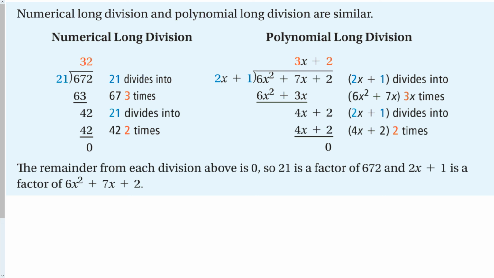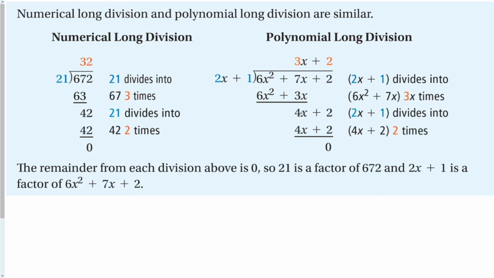Now look at the steps with similar numbers. We have a 6x squared, a 7x, and a 2 with this polynomial. So now we're going to divide 2x into the 6x squared. We get 3x.